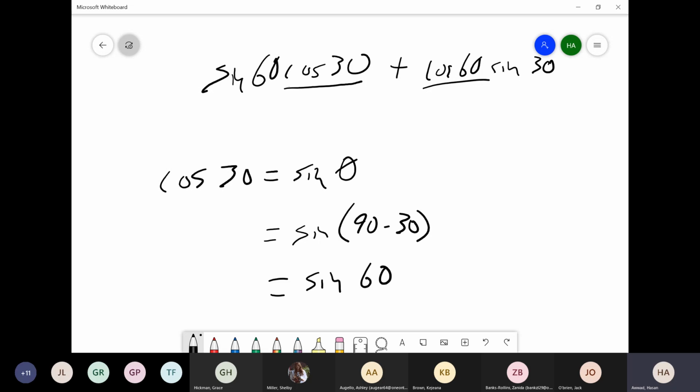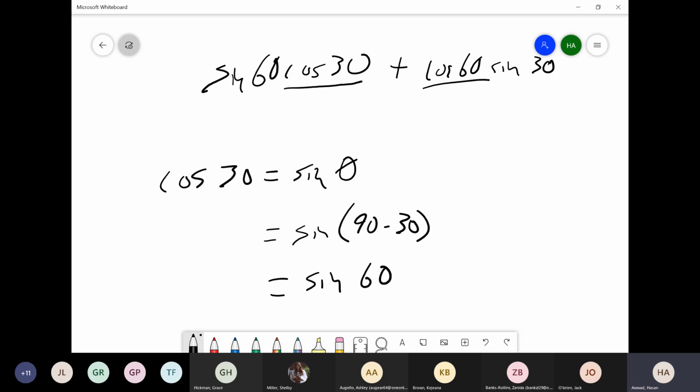It's just the complementary angle. If you remember supplementary and complementary, complementary means it adds up to 90. That's all cofunction identities are: two complementary angles, and the trig function switches from the first part of the pair to the second trig function of that pair.